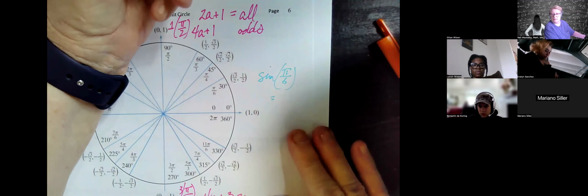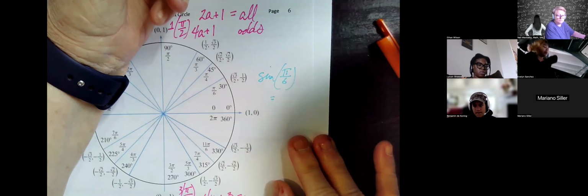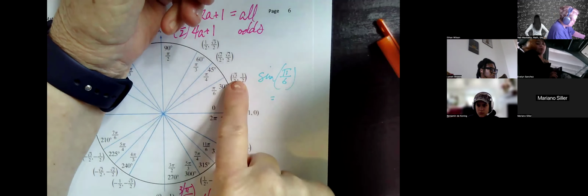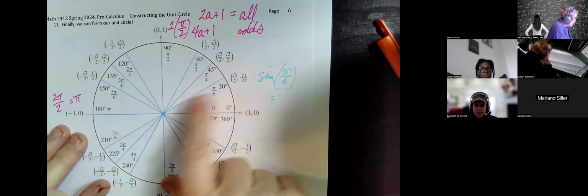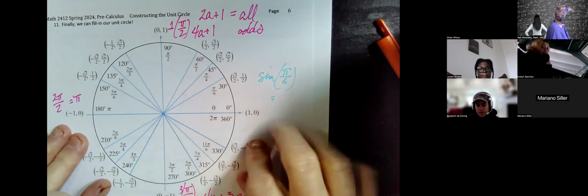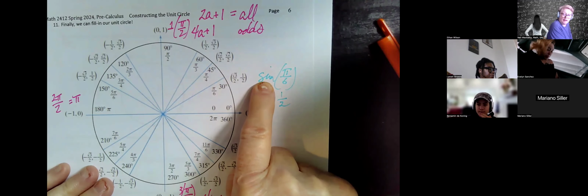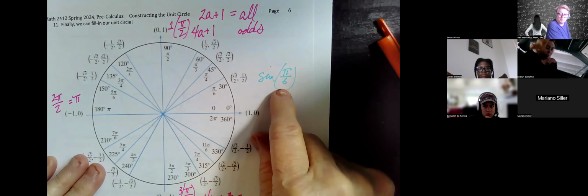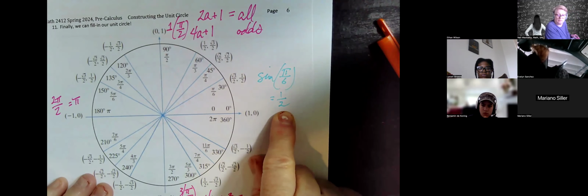Sine goes with X or Y? Y. Yes, sine goes with Y, and sine always goes with Y. So what is the Y coordinate at pi over 6? 1/2. And that means that the sine of every single angle, when the denominator is reduced and it's pi over 6, is going to be either positive or negative 1/2.